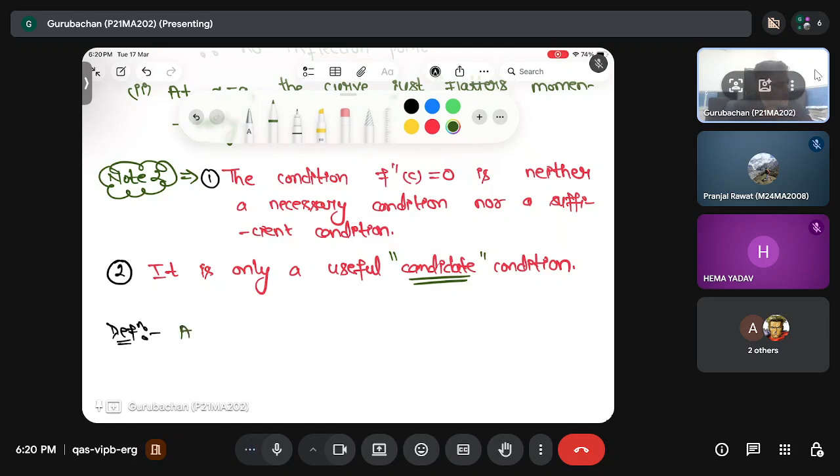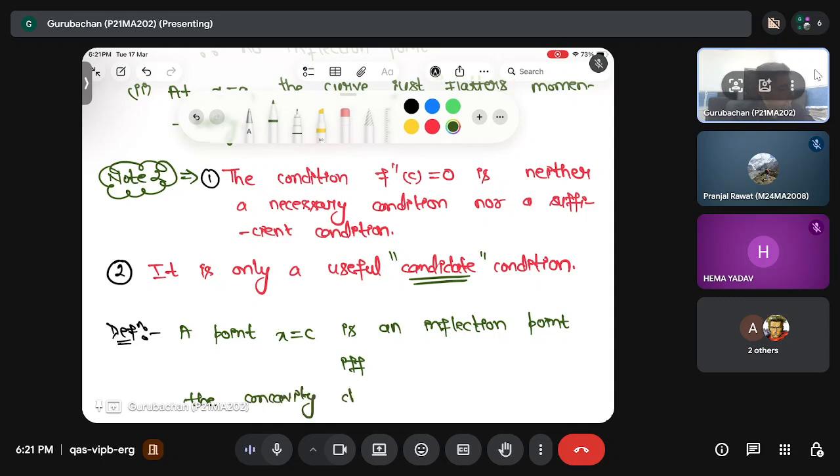So a point x equal to c is an inflection point if and only if the concavity changes sign around c.